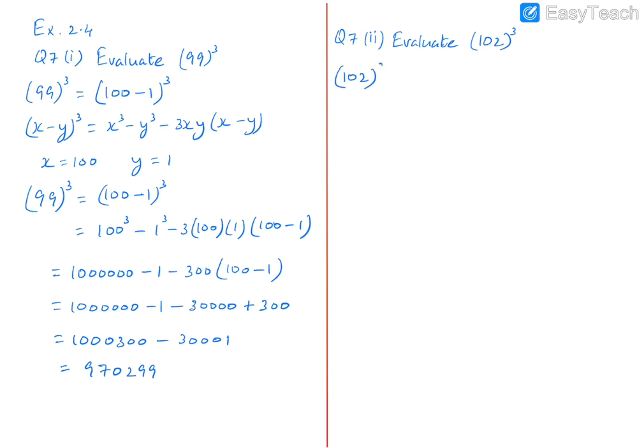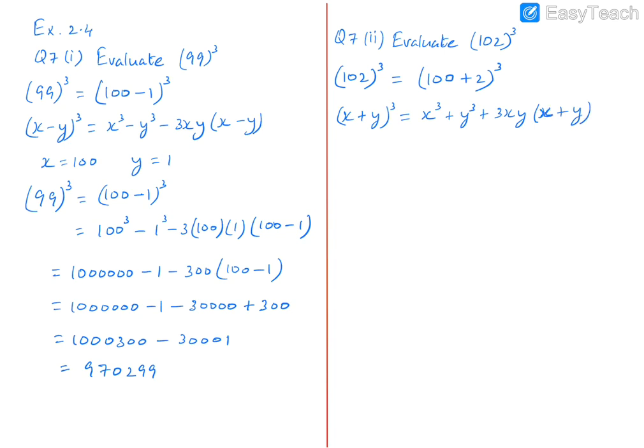102 the whole cube. We can write 102 as 100 plus 2 the whole cube. So now this is of the form x plus y the whole cube. So x plus y the whole cube equals x cube plus y cube plus 3xy into x plus y.